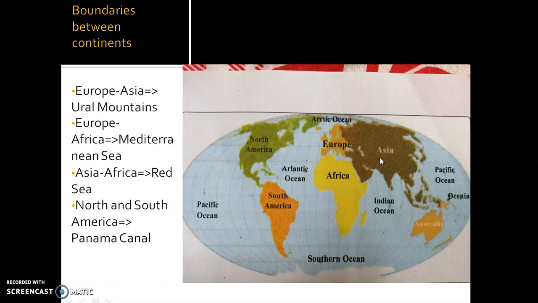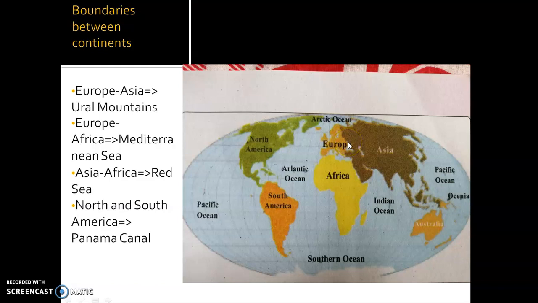So the first thing is that between Europe and Asia, the boundary that exists is of the Ural Mountains and the Ural River. So between Europe and Asia, the boundary has been defined by the Ural Mountains and the Ural River. In this map, it is not very visible.